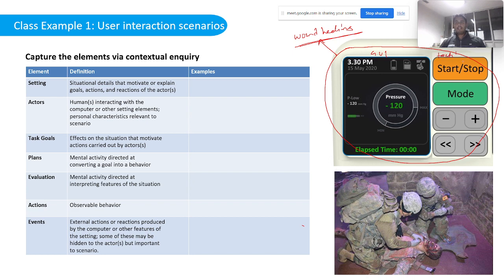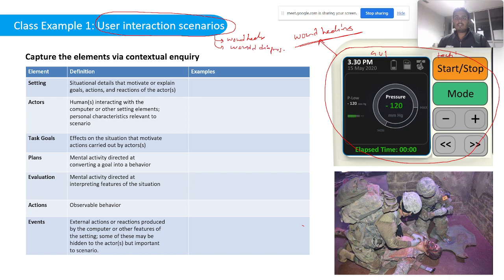Okay, and the scenario here is that you try to understand how. As I told you, a user interaction scenario is one instance of a use case scenario. So what are the various use case scenarios of a wound healing device? Probably the various modes. So probably you have modes for wound healing and wound diagnostics.